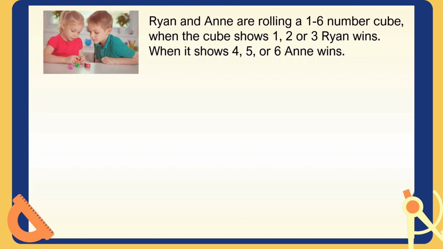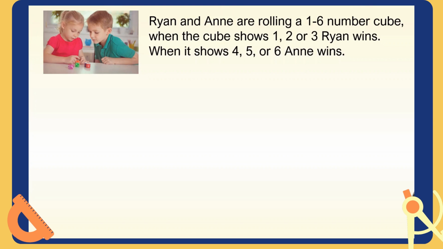So, sina Ryan at Anne ay naglalaro ng number cube na may number na 1 to 6. Kung ang lalabas ay 1, 2, or 3, mananalo si Ryan. At kung ang lalabas naman ay 4, 5, or 6, mananalo naman si Anne.